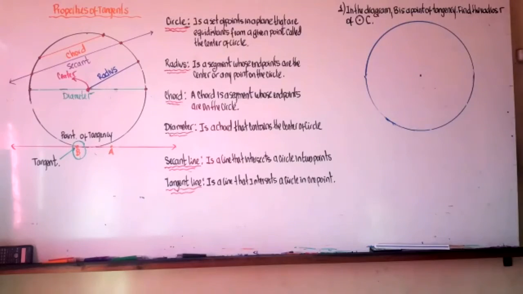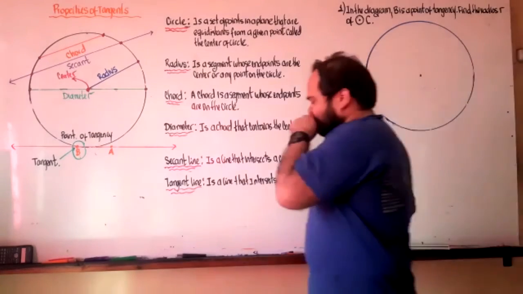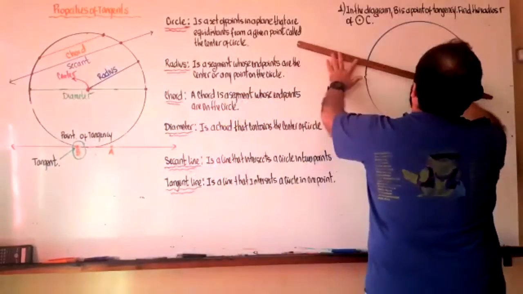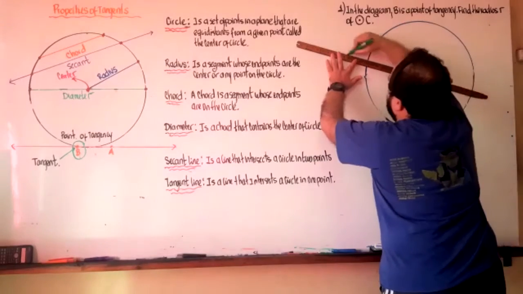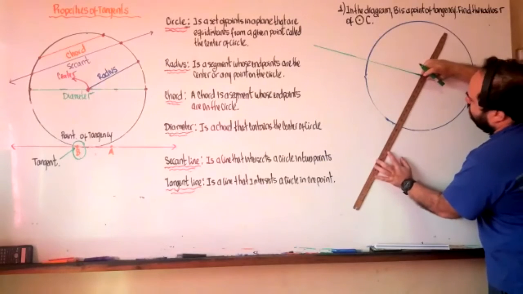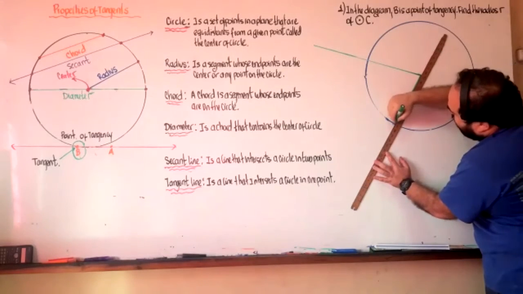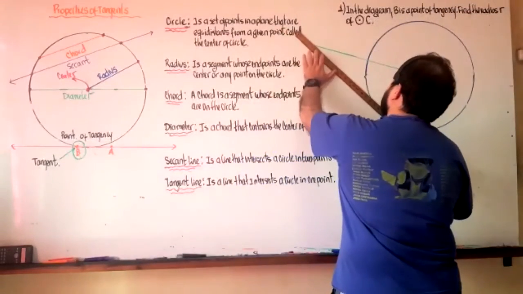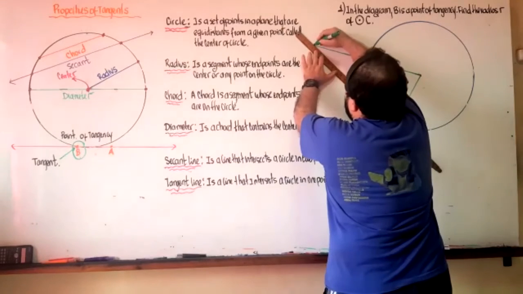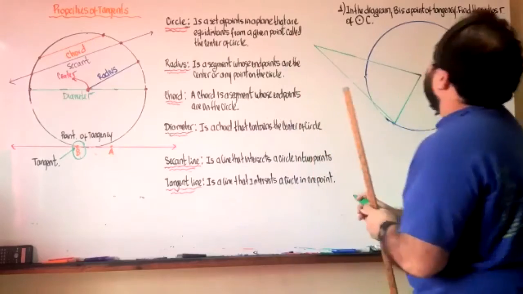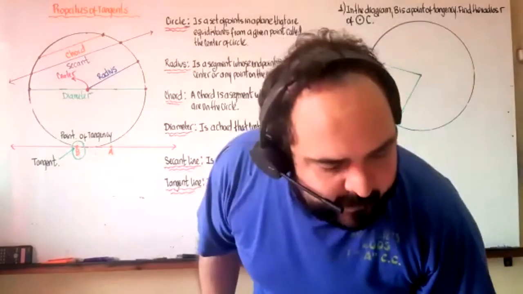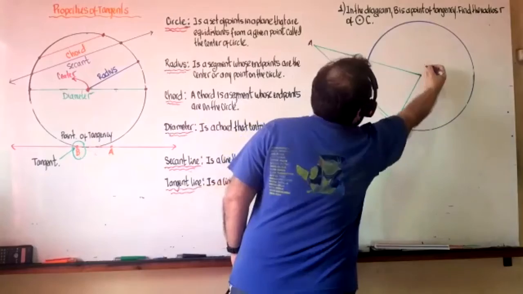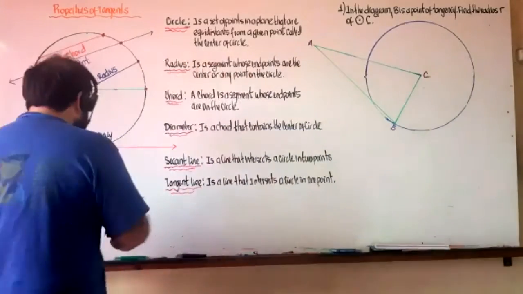All right, this is the circle, with points A, B, and C. What are the values?